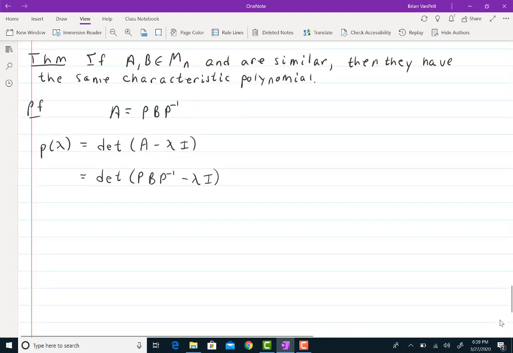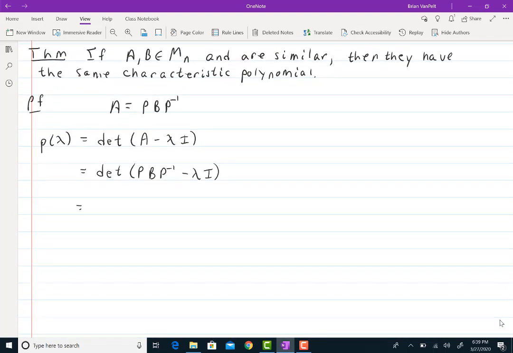And then at this point, there's a little trick that I can do. I can write I as P times P inverse. But what this allows me to do is to factor out a P on the left and a P inverse on the right. So let me kind of do it this way.